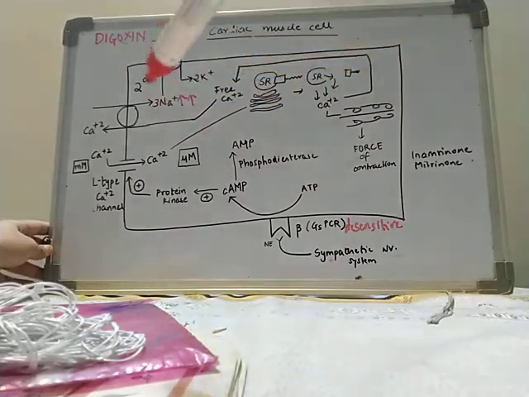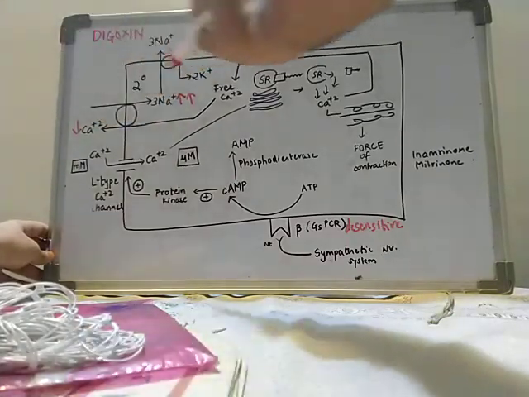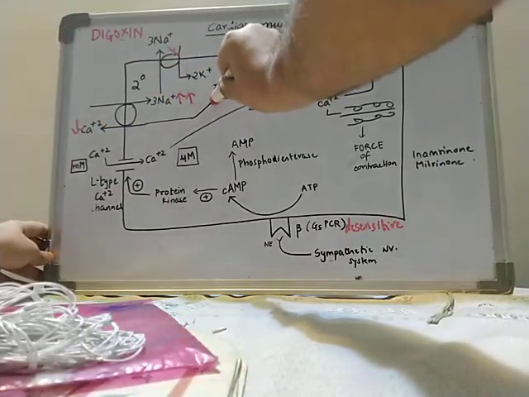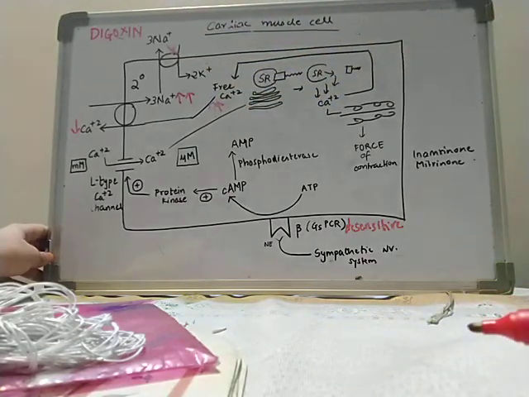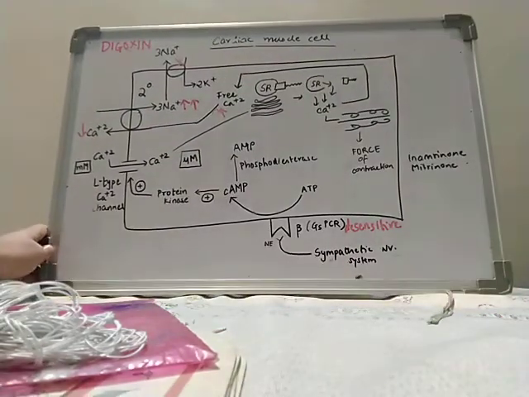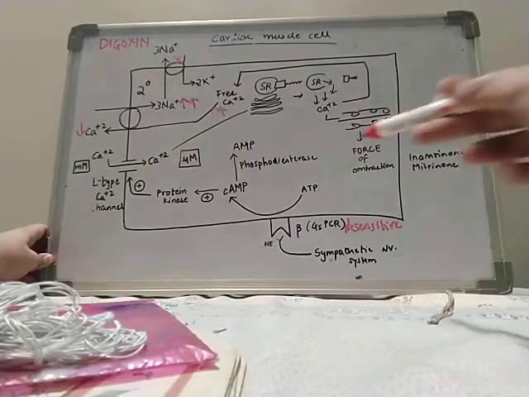This cannot generate the force for calcium to go out. Decrease extracellular, increase intracellular calcium, increase sarcoplasmic reticulum stores. So this sodium is accumulated inside the cell, and so calcium cannot go out, so it will lead to increased force of contraction.